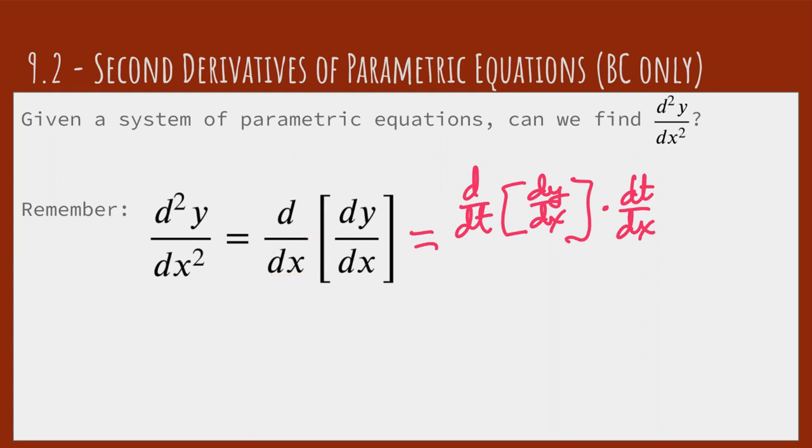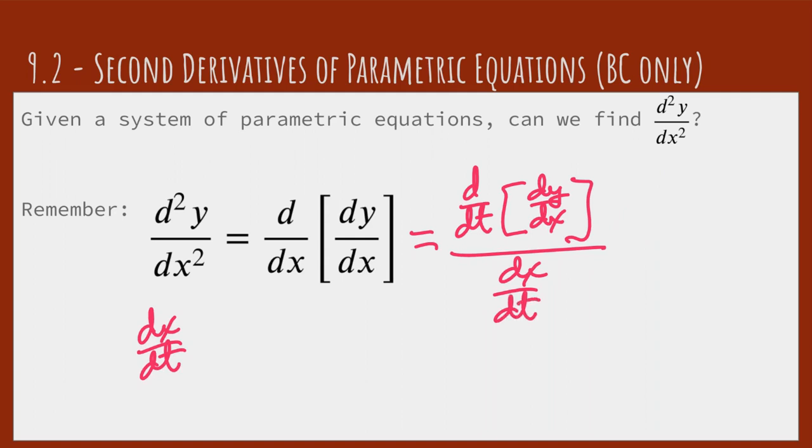And we're going to do some algebra here that I've mentioned before with differentials. We can't really do algebra with differentials the way we can with other things, but we can get away with it in certain cases. So we're going to do a little trick here with this derivative. We don't know what dt/dx is, but we do know how to find dx/dt. So instead of multiplying by dt/dx, we're going to divide by dx/dt.